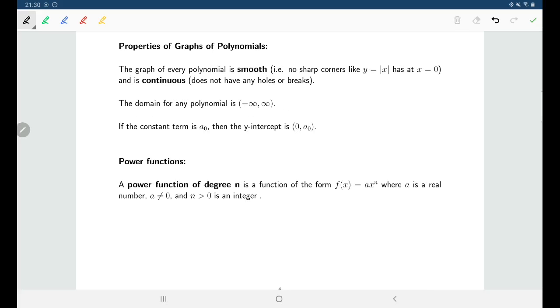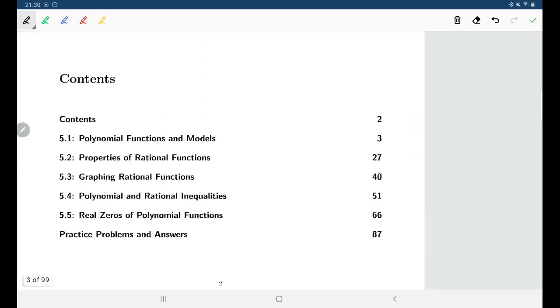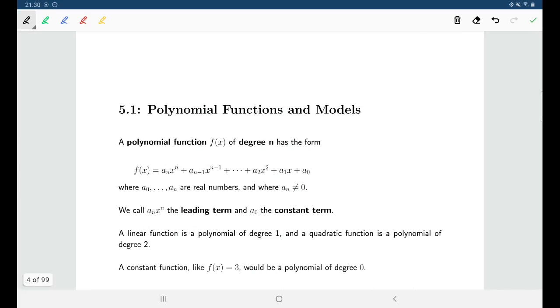One other nice property is that for polynomial functions, the y-intercept is always the constant term. The reason for that, of course, is that if you're looking for the y-intercept for your function, you would be letting the x value be equal to 0.